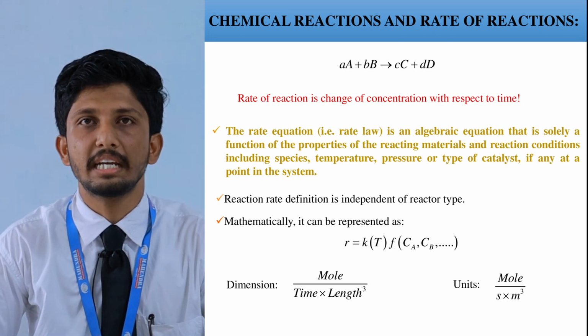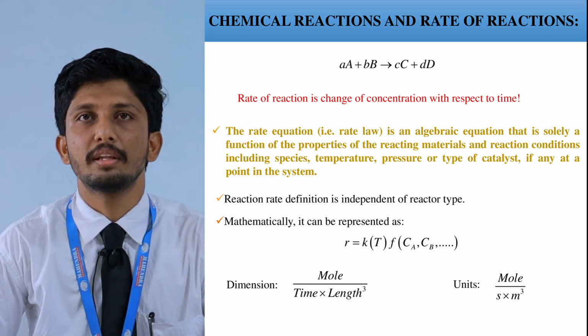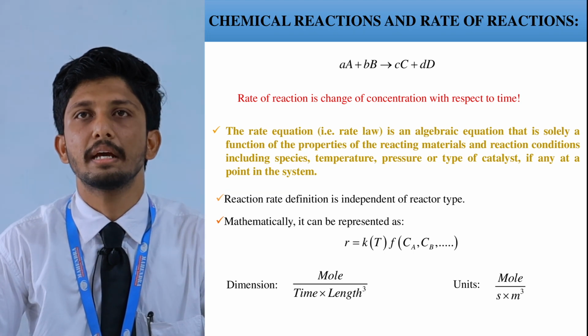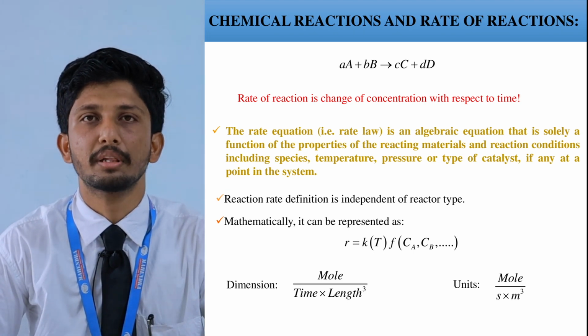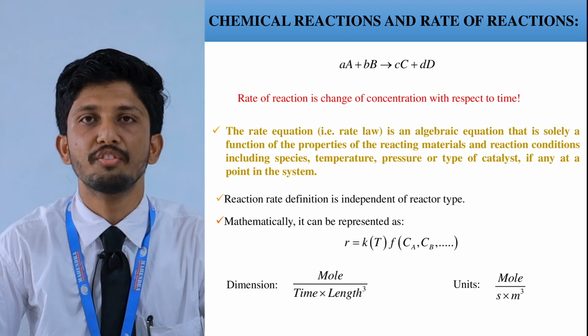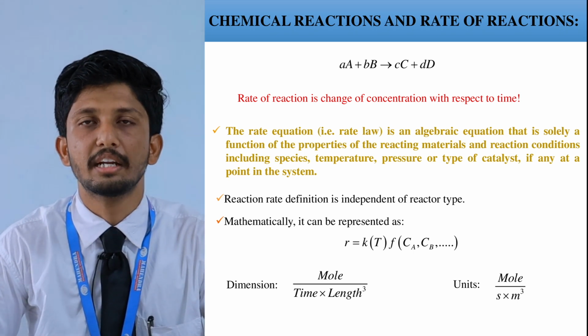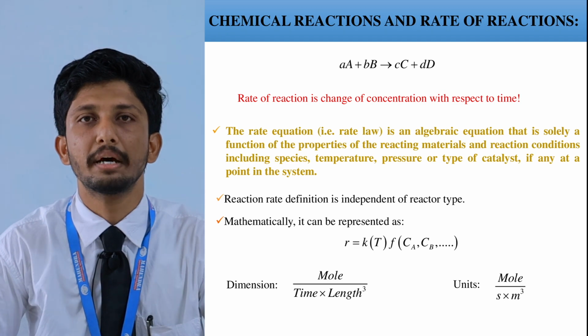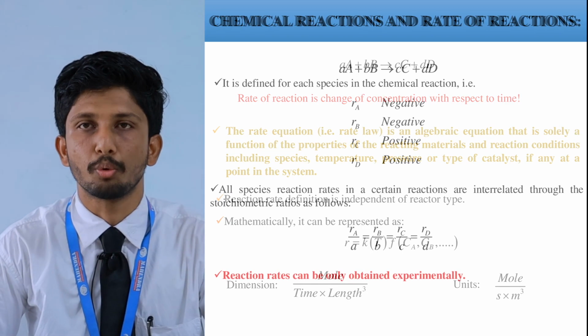Based on the rate equation or rate law, this can be termed as r is equal to k(T) times a function of concentrations of A and B. The unit of rate of reaction is mole per second meter cube.